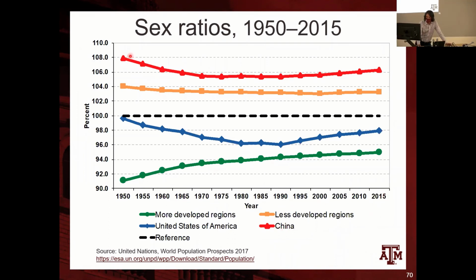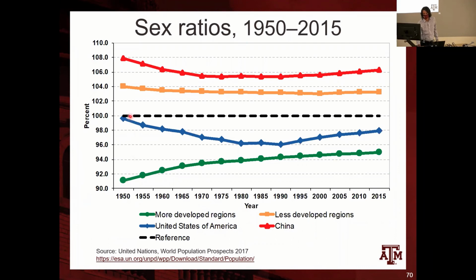For China in red, less developed regions in light brown, United States in blue, and more developed regions in green. And here we have the whole population in each one of these groups of countries, or in these two countries, and we got the number of men divided by the number of women in each one of these years.